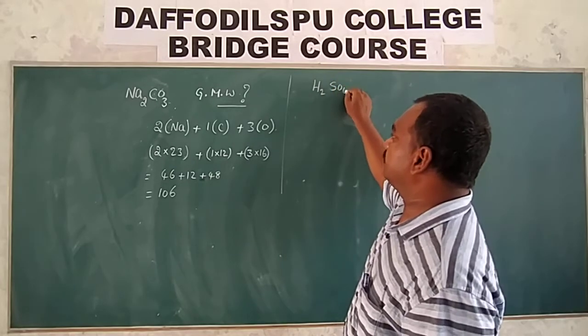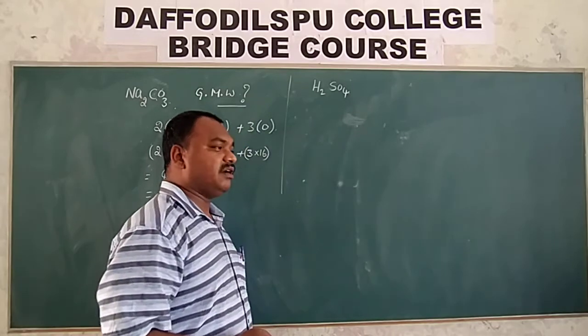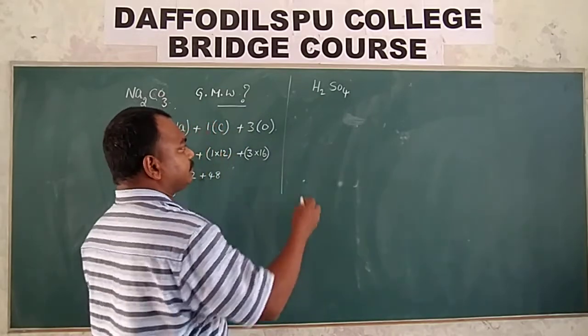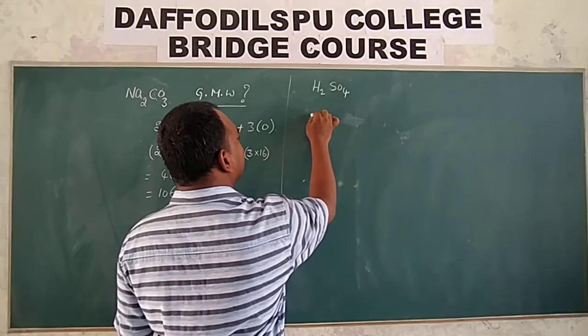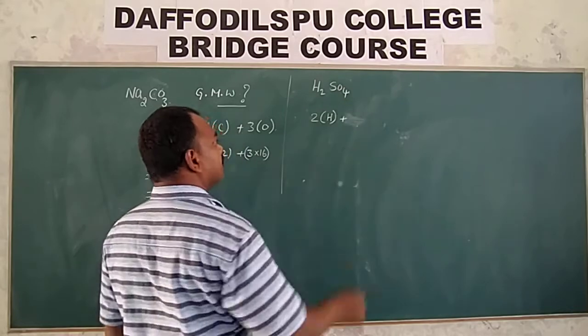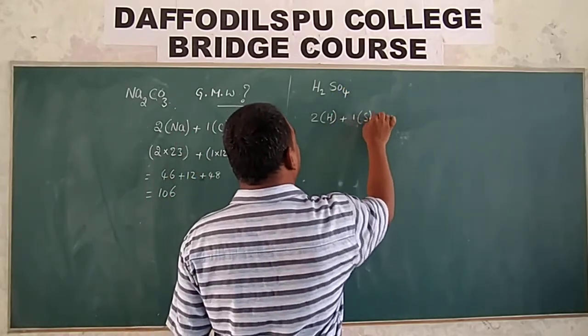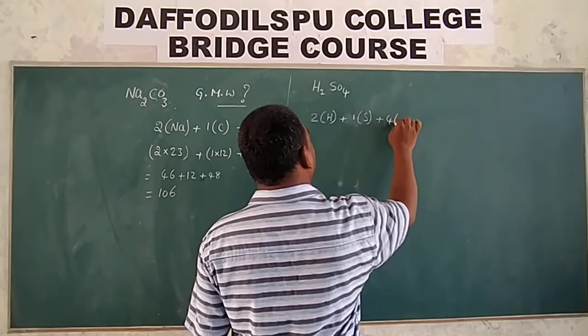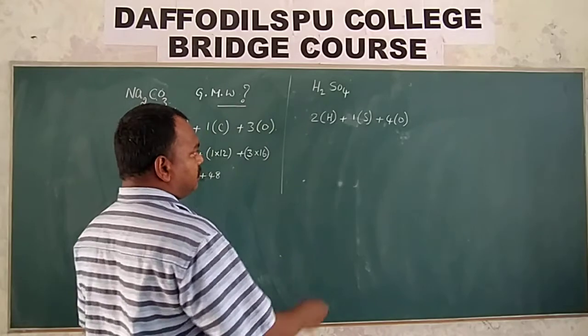H2SO4. Find out the gram molecular weight of sulfuric acid. How many hydrogens are there in H2SO4? 2 hydrogens. How many sulfurs? 1 sulfur. How many oxygens? 4 oxygens. Just substitute the atomic weights.